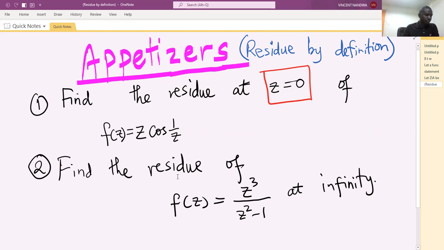In the next problem, we have to find the residue of the function f(z) = z³/(z² − 1) at infinity. So it's like saying the residue at z = infinity.